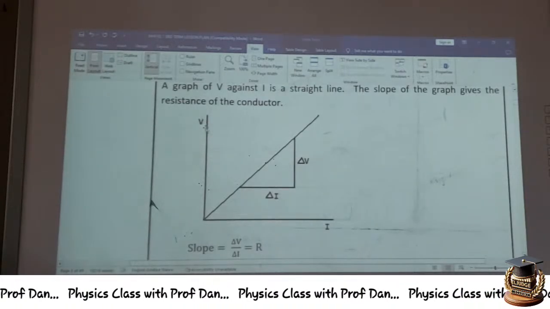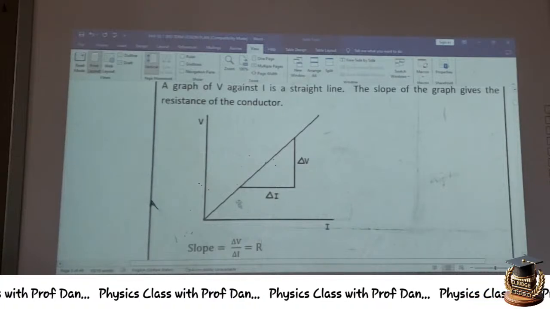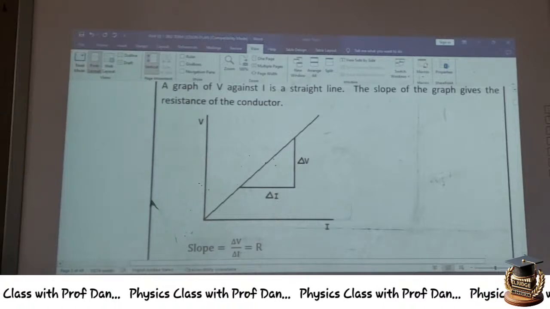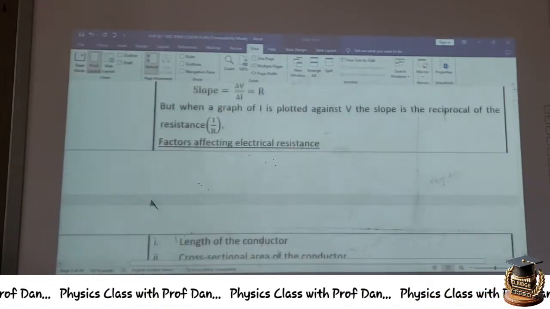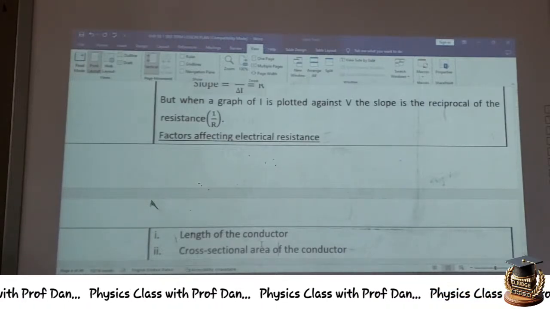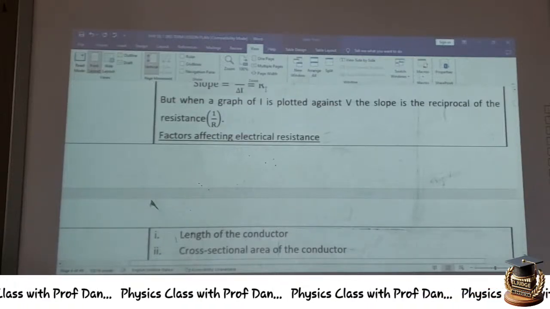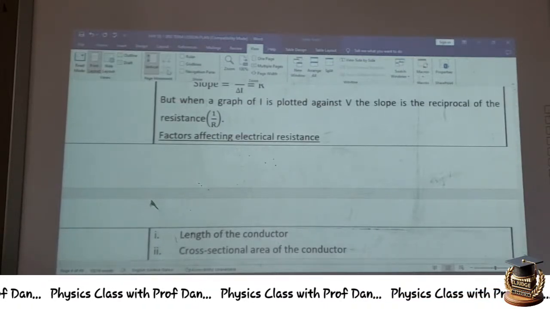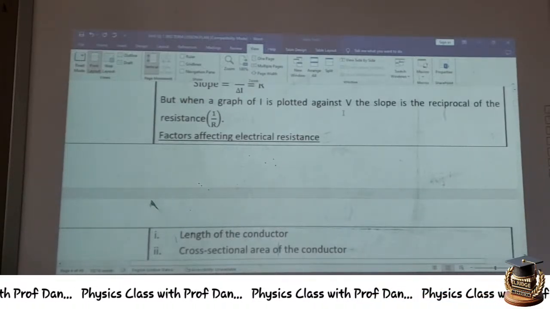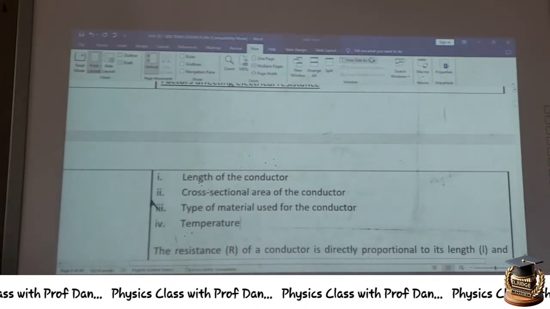When you plot V against I, the slope is change in V over change in I, and that is our R. If we have a graph of I plotted against V, the slope is the reciprocal of the resistance. So you can try it out in your experiment.